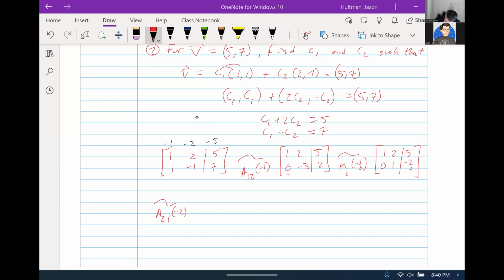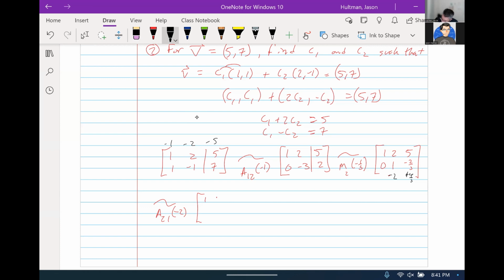We're going to get 1, and then negative 2 times negative 2/3 is going to be negative 4/3. Is that right? No, positive 4/3, because negative times negative is positive 4/3.